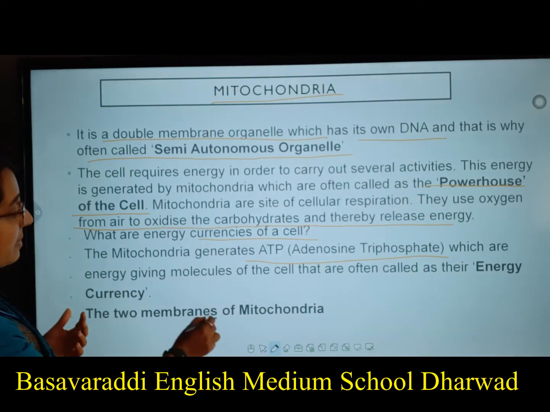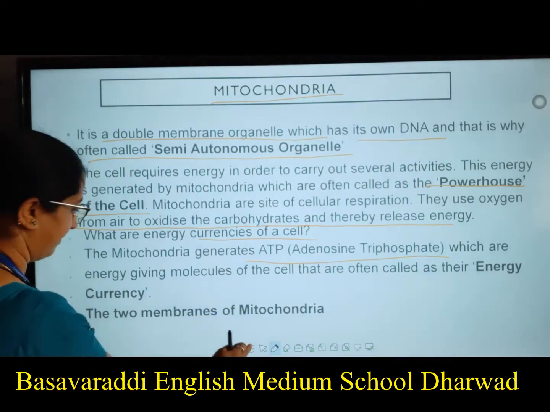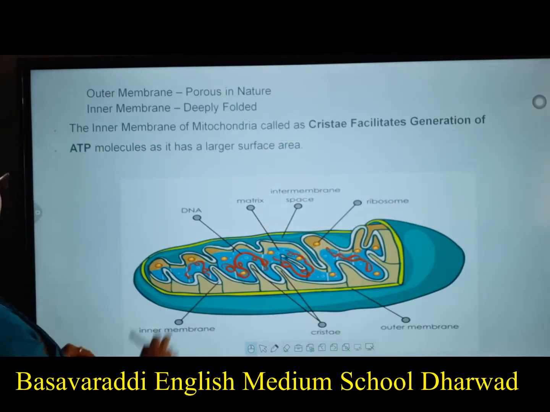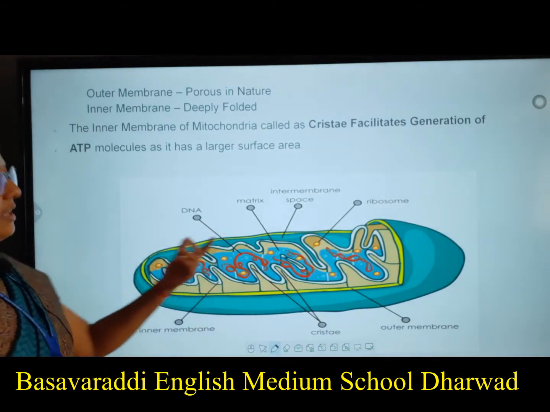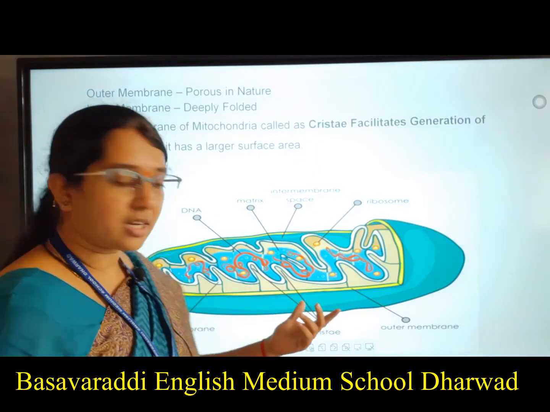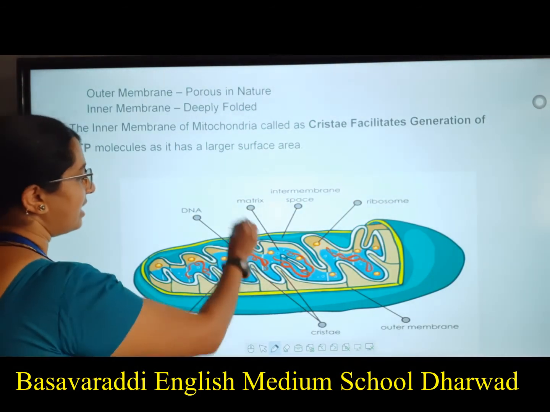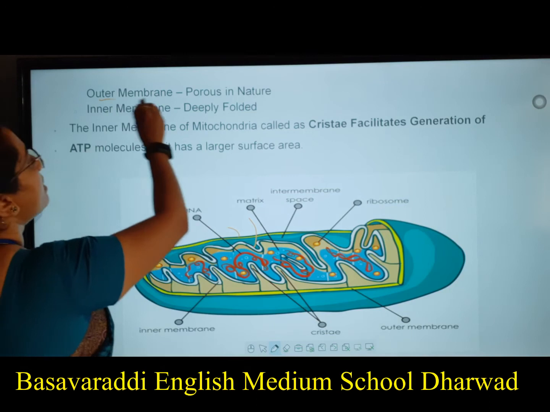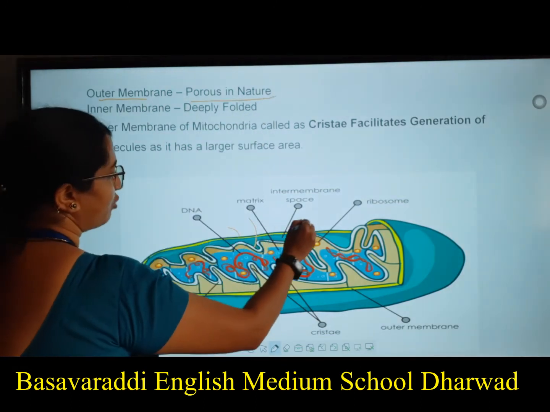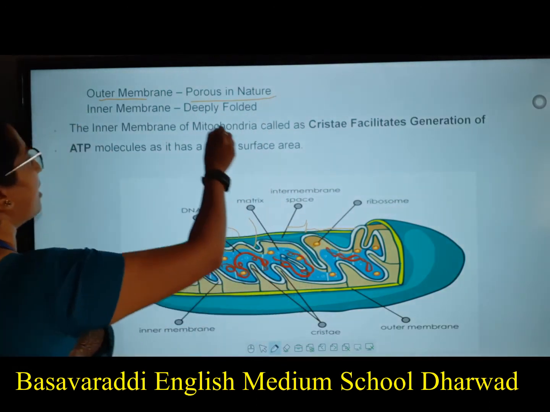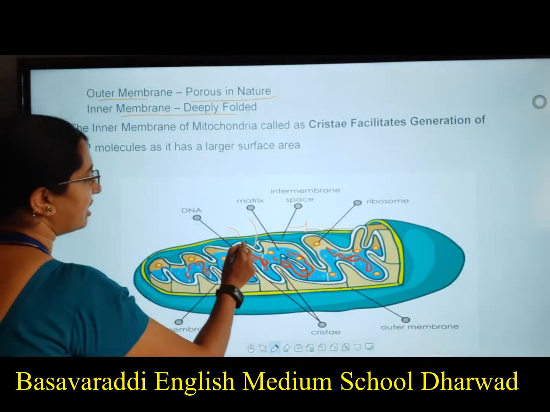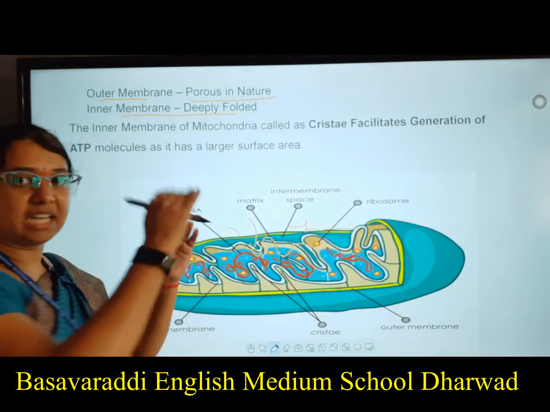The two membranes of mitochondria. As we said, they are double membrane structures. They have two membranes, the outer membrane and the inner membrane. The outer membrane is porous in nature, whereas the inner membrane is deeply folded.